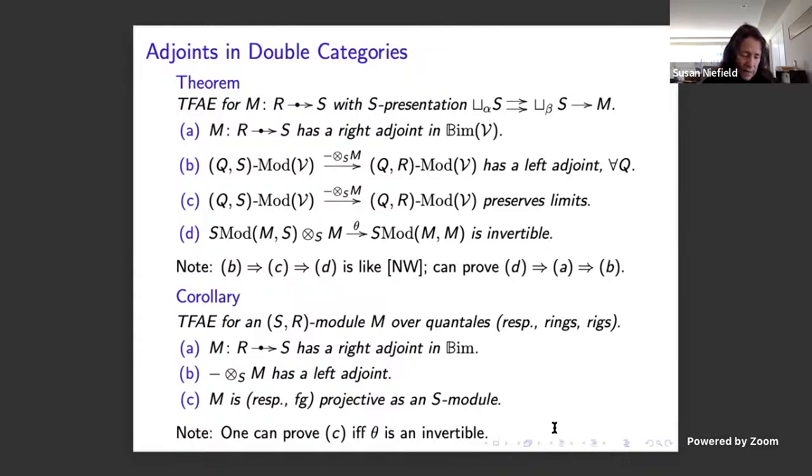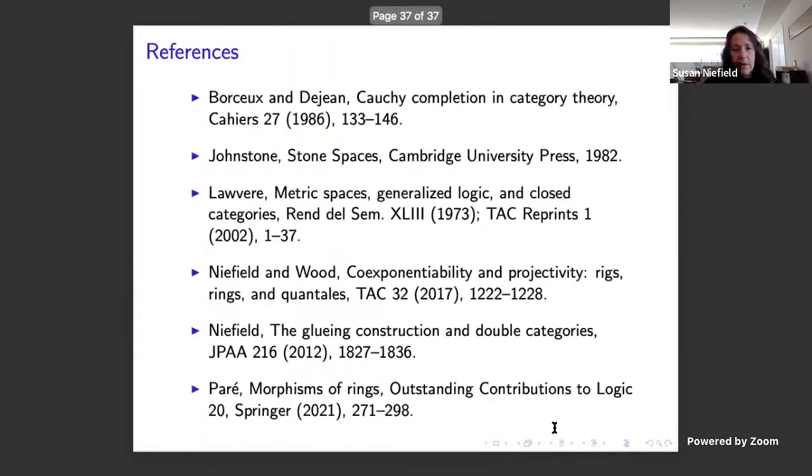Okay, and I hope I didn't go too fast because I finished a little earlier, but let me just mention what these papers are. The first one is the Bourseau-Dijon paper, which was in the Cahiers in 1986, where you can find a lot of the earlier work on Cauchy complete categories, and he gives references for it and reproves some things.